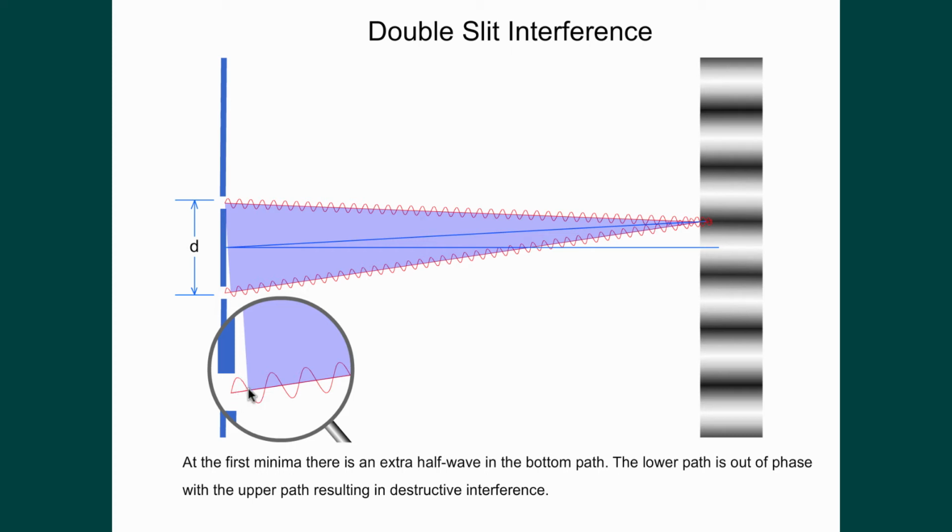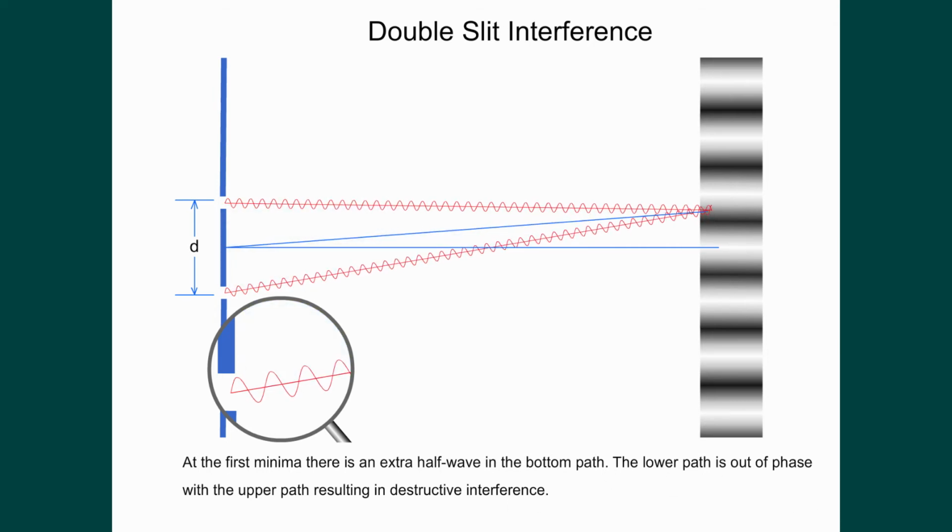Because we have added that 1/2 wavelength, when we get to the screen, it is now out of phase with the top wave. So at the first minima, there's an extra half wave in the bottom path. The lower path is out of phase with the upper path, resulting in destructive interference.